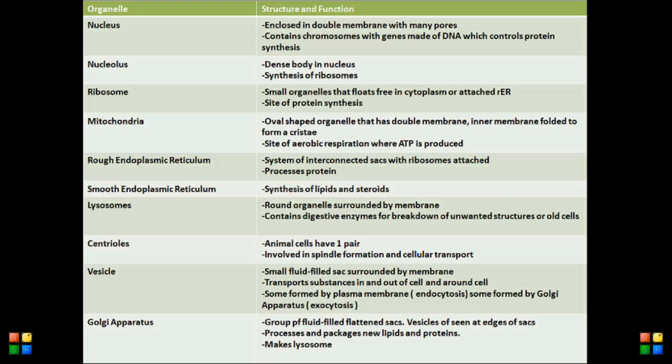They usually question which organelle has double membrane. So do know that if they say that the organelle is oval shaped and has double membrane, it's automatically mitochondria. Or if it's just an organelle that has double membrane and many pores, it's nucleus.